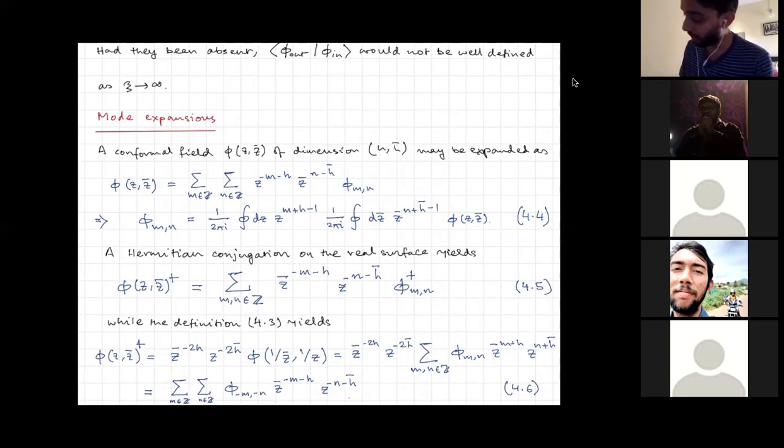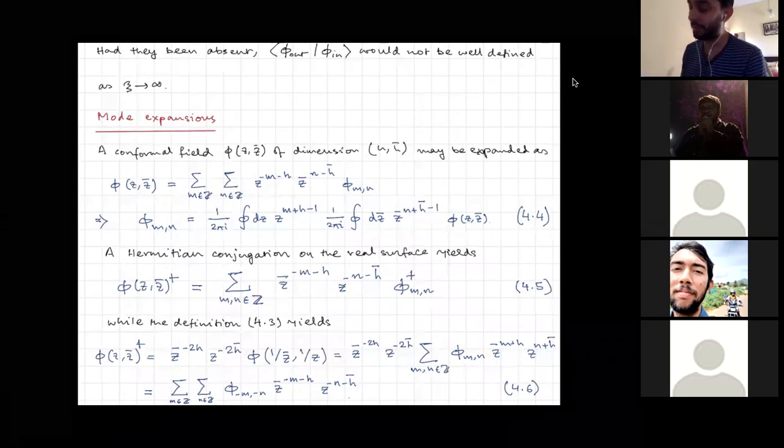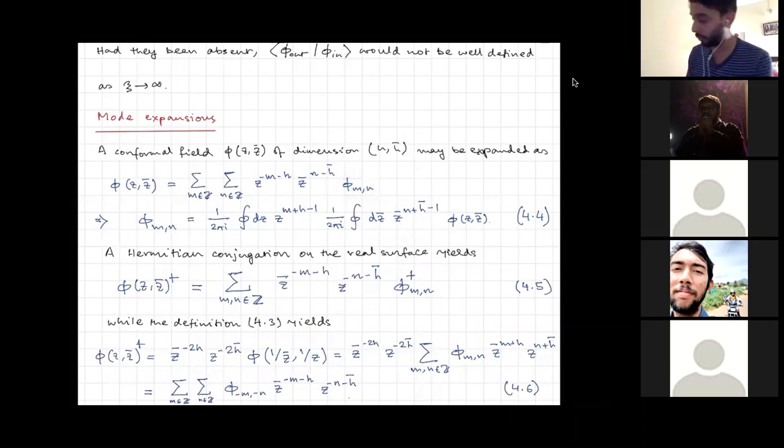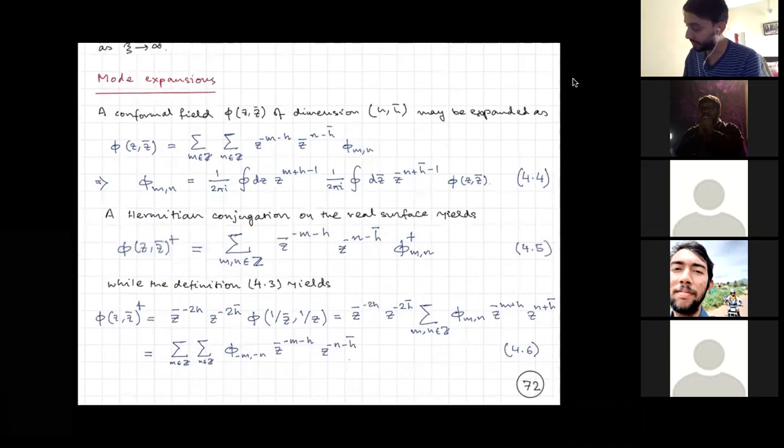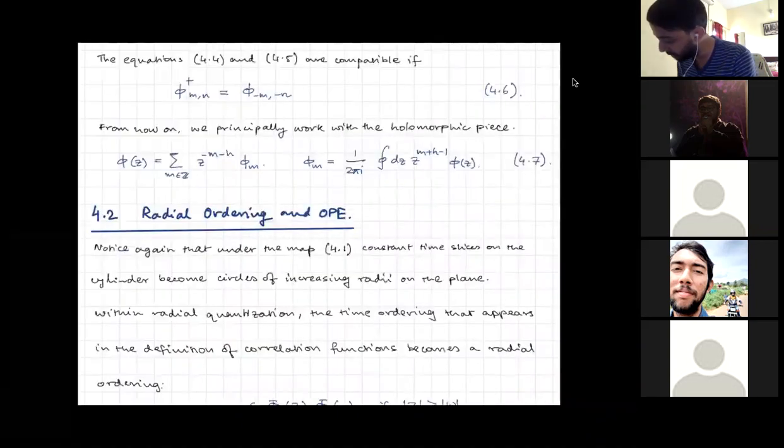But the central theme is that a lot of the complex analysis that you have learned earlier will be useful here. As was also pointed out, you could take this and map it onto the cylinder, for example. There you have a compact circle direction, and these modes in that case will turn into your Fourier modes. So that's one way of seeing this.